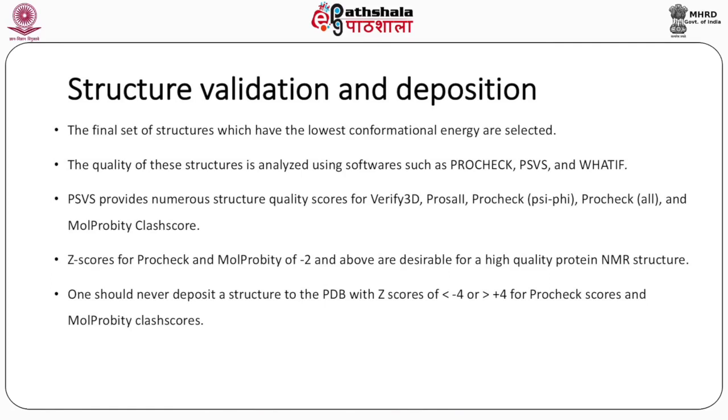Z-scores for ProCheck and MolProbity of -2 and above are desirable for a high quality protein NMR structure. One should never deposit a structure to the PDB with Z-scores of less than -4 or more than +4 for ProCheck scores and MolProbity clash scores.